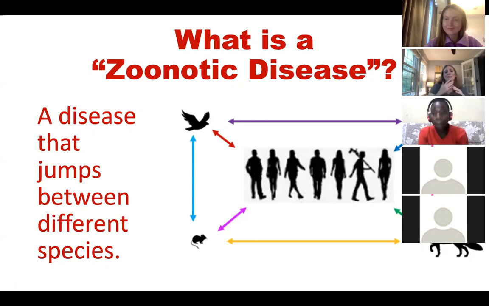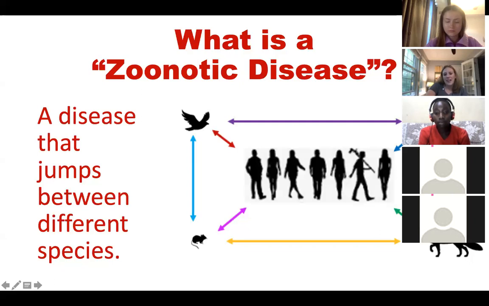You're going to have many species, right? And a good way to remember zoonotic disease is that many species is involved, okay? So it's a disease or an illness, a germ that can jump between different species. From animals to people, from people to animals, between animals, it jumps between different species.